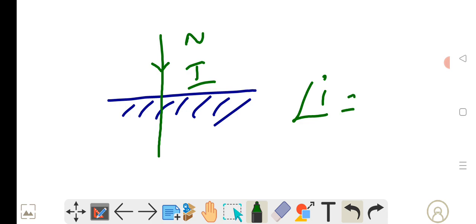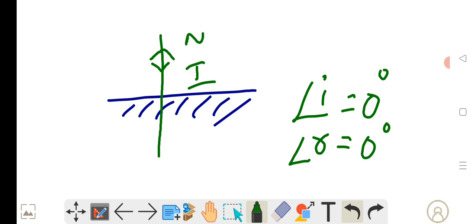Is there any angle between the normal and the incident ray? No. So angle I will become 0, so angle R also will become 0 degrees. So that means the angle of reflection is 0, so the reflected ray also will be on the same line. Understood? This is very important. So for normal incidence on a surface, you will have the incident ray, reflected ray and normal on the same line.